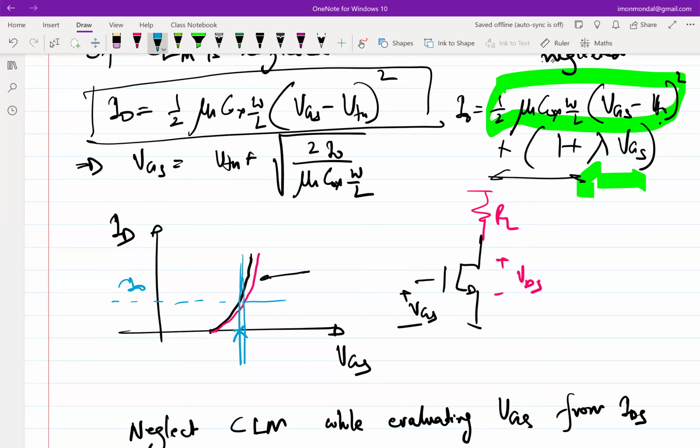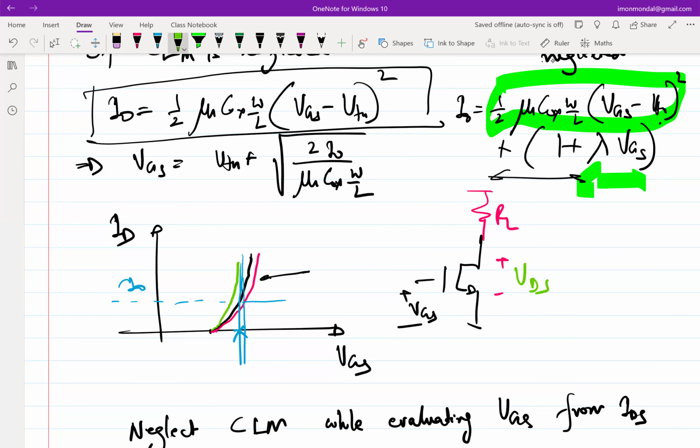So this curve, let me use a different color. This is VGS. This curve would have shifted slightly to the left, right? Because in the absence of channel length modulation, the current of the transistor should have been independent of VDS, so the middle curve would have been the one that it would have followed.